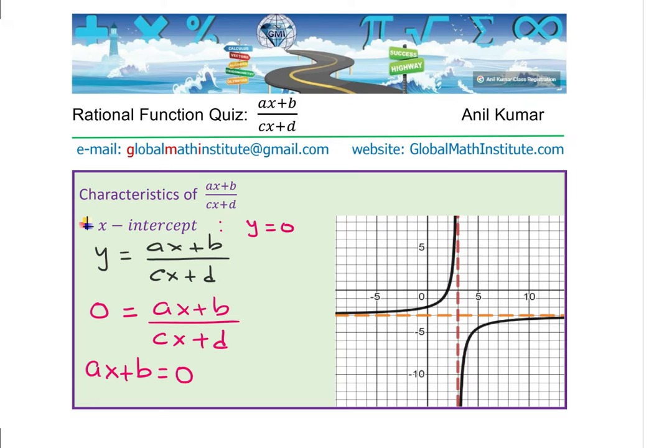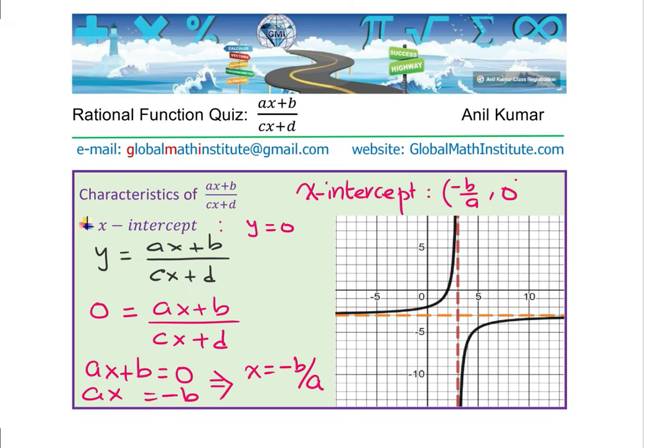So we can rearrange, and then we have ax equals minus b, and that gives you the value of x as equal to minus b by a. And therefore, we can now write the x-intercept for this particular function, which in coordinate points will be x value being minus b by a, and y value, of course, will be 0.